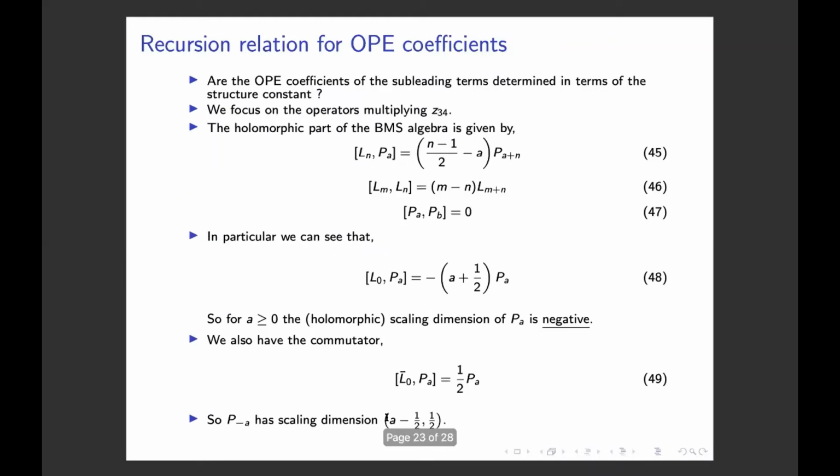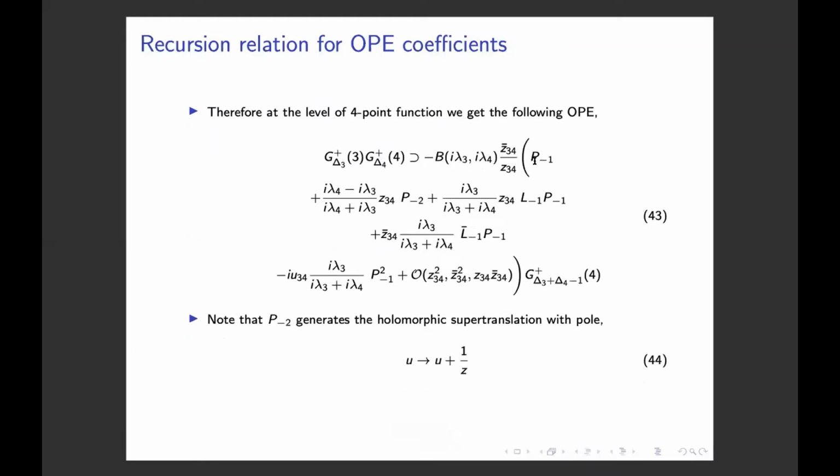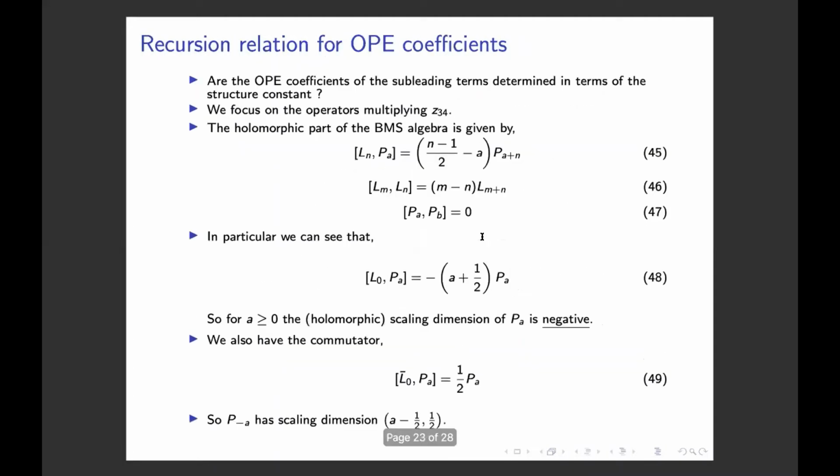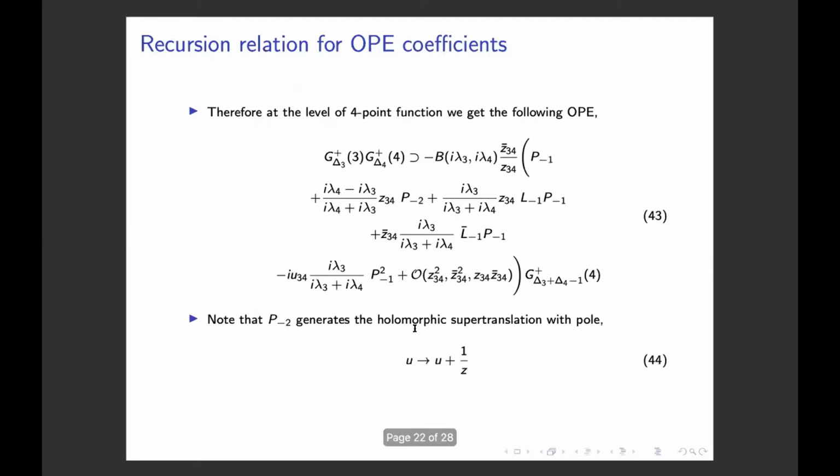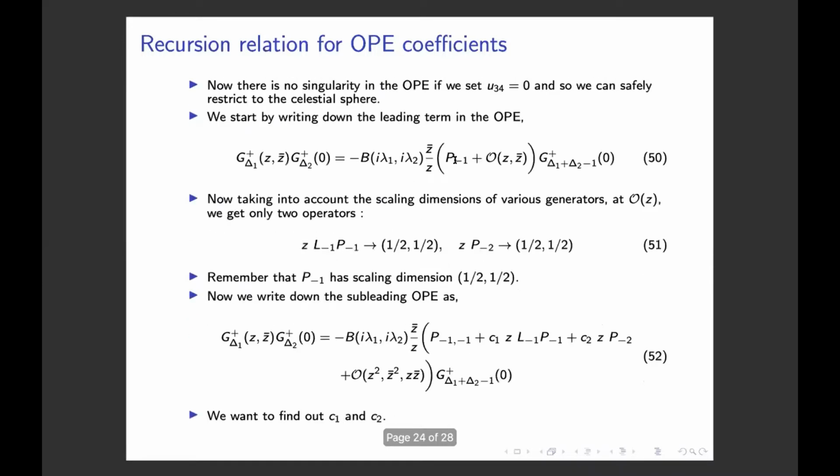So now you can see where you get this. P minus 1 has scaling dimension half, P minus 2 has scaling dimension 3 by 2, half. So that is what the z^3/4 times P minus 2 is. So I just write it: z L minus 1 P minus 1 has scaling dimension half. Similarly, z P minus 2 also has scaling dimension half.